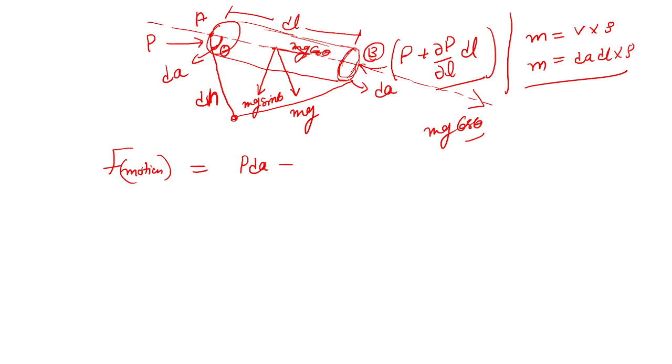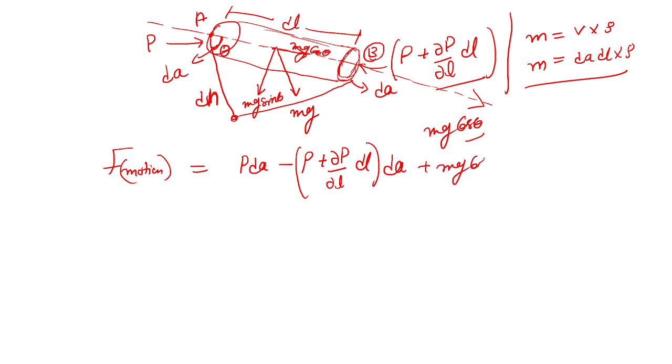Because there is a decrease, we have to calculate the net pressure on the face. Since A and B are different faces, we are calculating the net, so we take the force on B with respect to the force acting on A. So here will be P plus ∂P/∂L dl, times dA, the area of cross section being constant, plus mg cos theta.